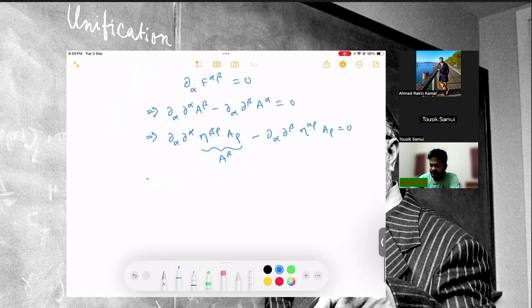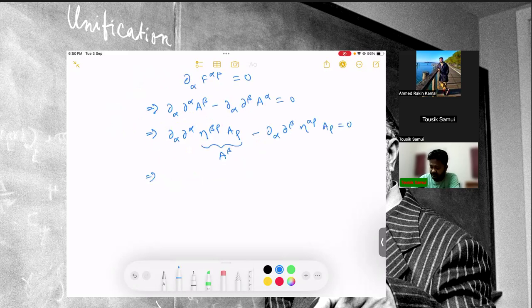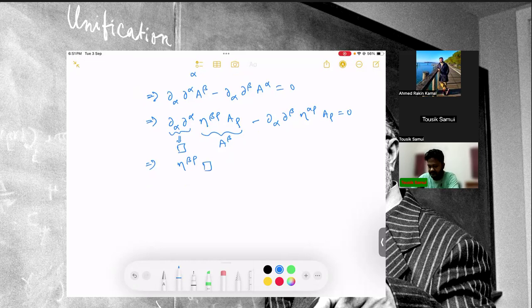Now if we massage this equation, we can see it is eta rho beta, and this, if you remember, is nothing but the box operator, which is del t squared minus nabla squared, and then this will become del beta del rho, acting on A rho to be 0.